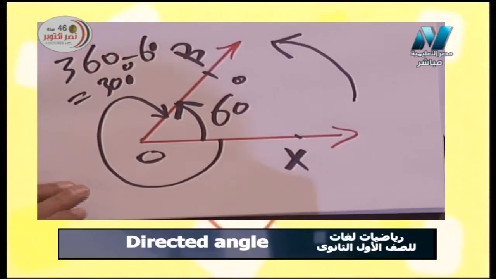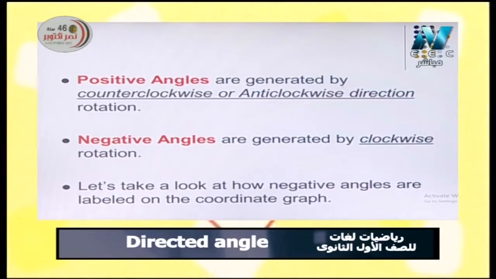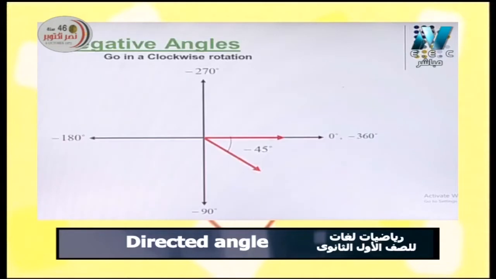Let's go to another slide here. What is the positive angle? As we said, positive angles are generated by counterclockwise or anticlockwise rotation. Negative angles are generated by clockwise rotation. Let's talk about how negative angles are labeled on the coordinate graph.